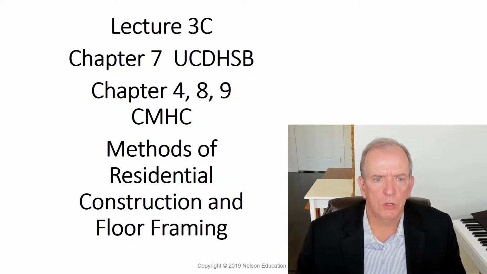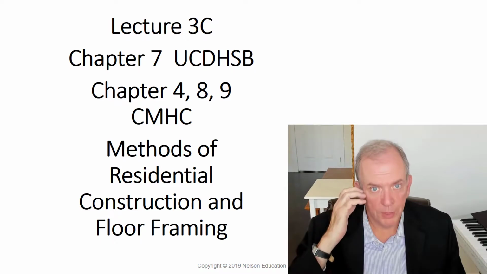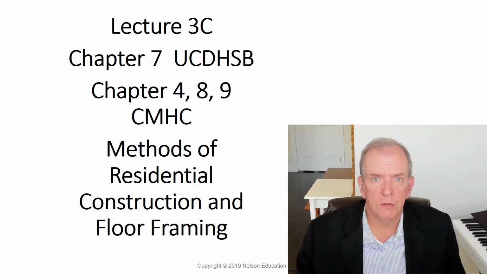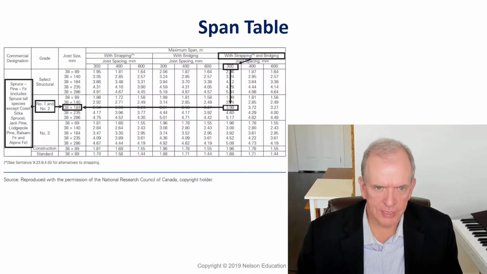In the next lecture, we're going to look at some aspects of engineered floor framing. And I'll give a link that'll give you some opportunities to watch some of the videos at one of the truss joist manufacturers.